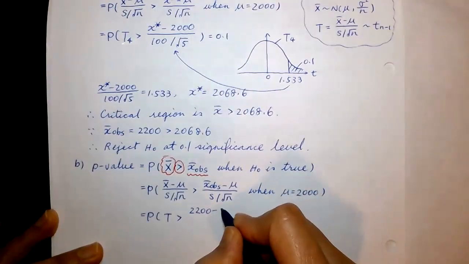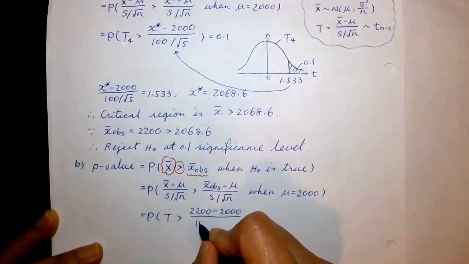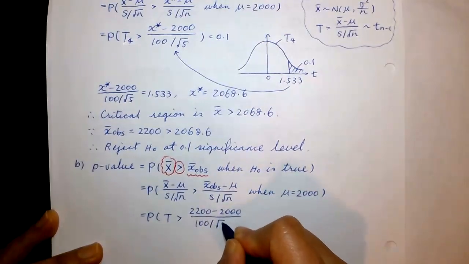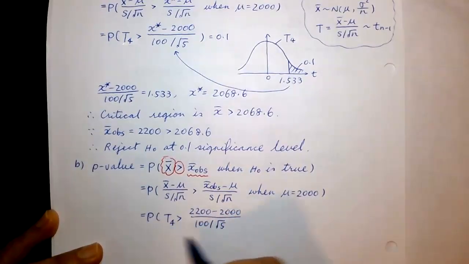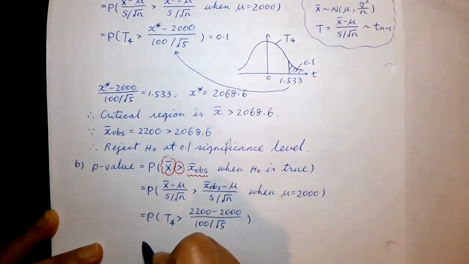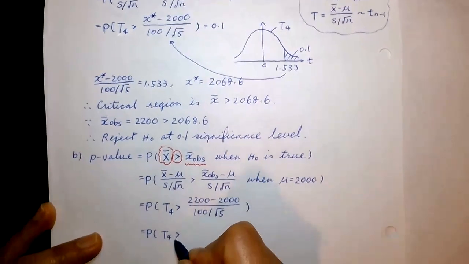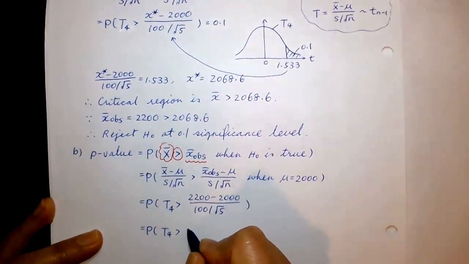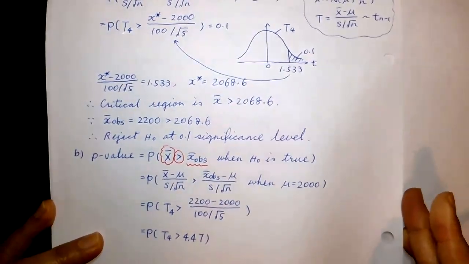Mu is in the condition. S is given, and we know n is 5, and 5 minus 1 gives you the degrees of freedom. Calculate. That is 4.47.